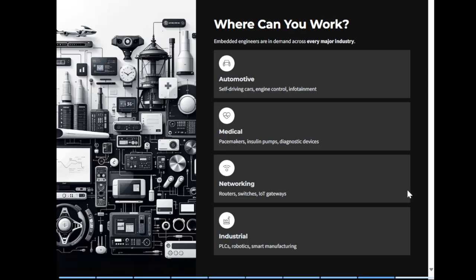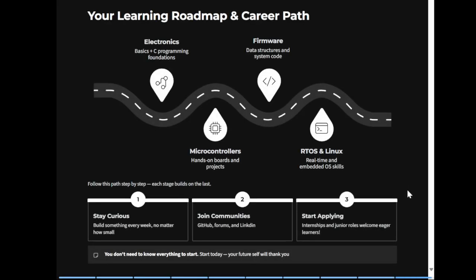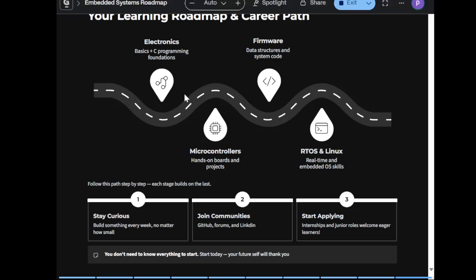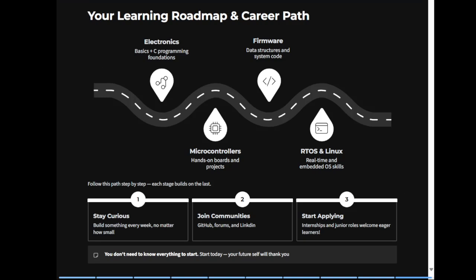Next is the learning roadmap and career path. I will include all of it in this roadmap. First, you have to start with the basics: what is an embedded system?